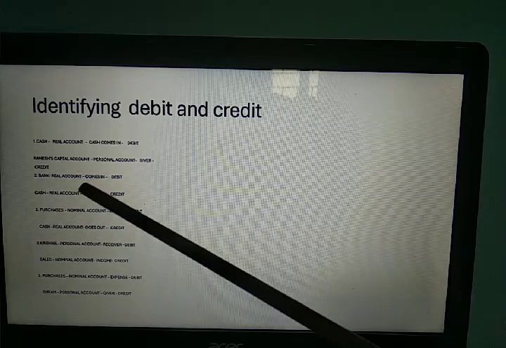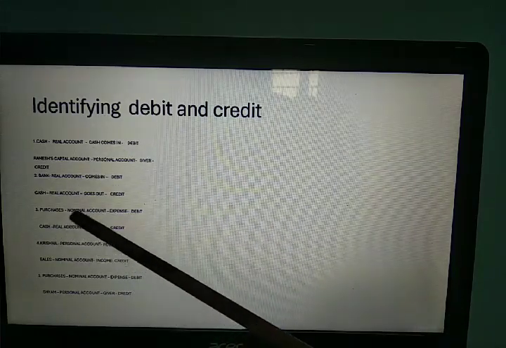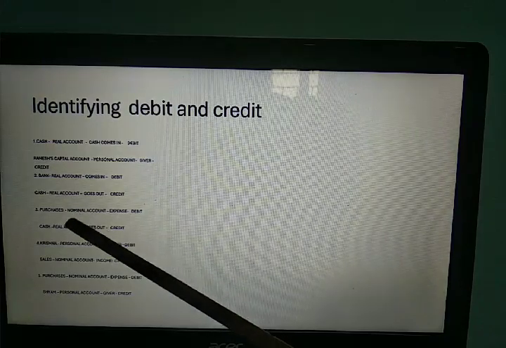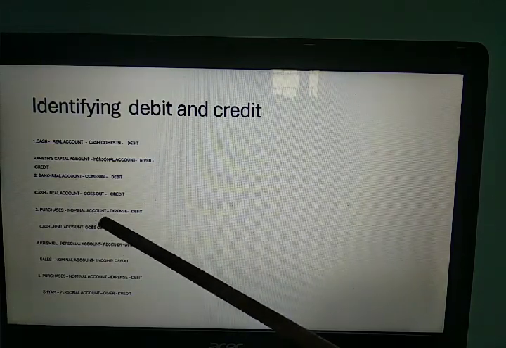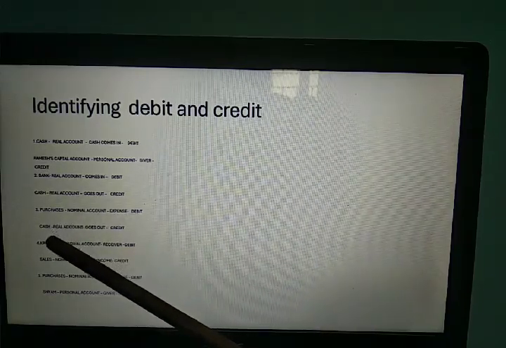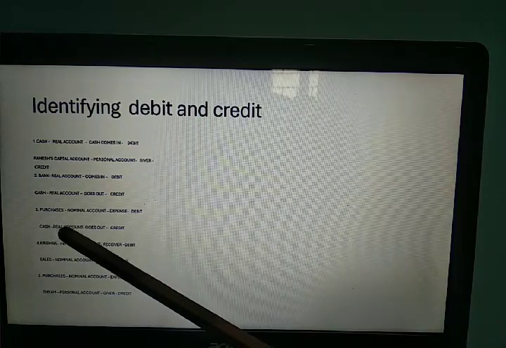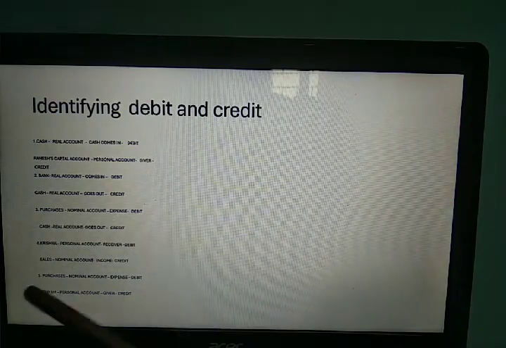Next transaction, what we have given in my earlier slide, purchases for cash. Purchases is an expense account, that is, a nominal account, that's why expense is debit. And the other side is cash. Since it is a real account and this cash is going out, it is credit.